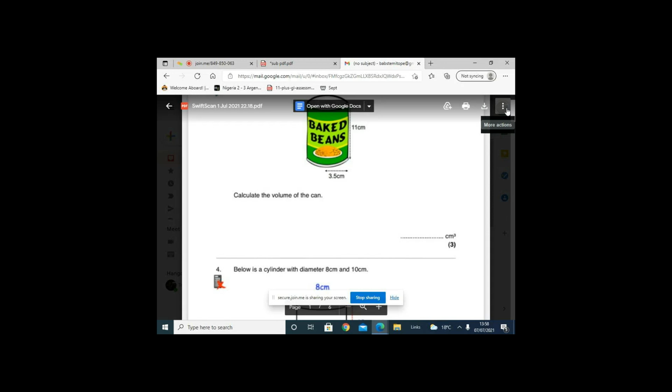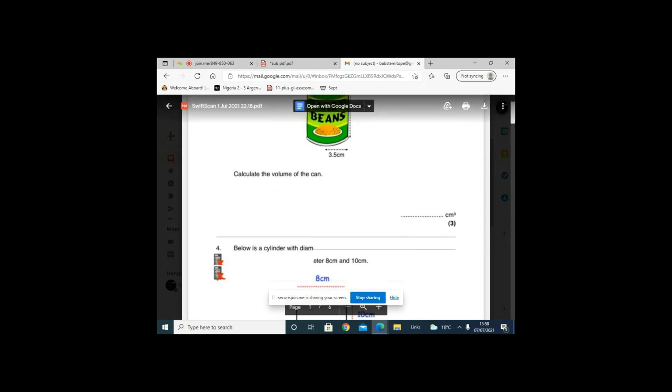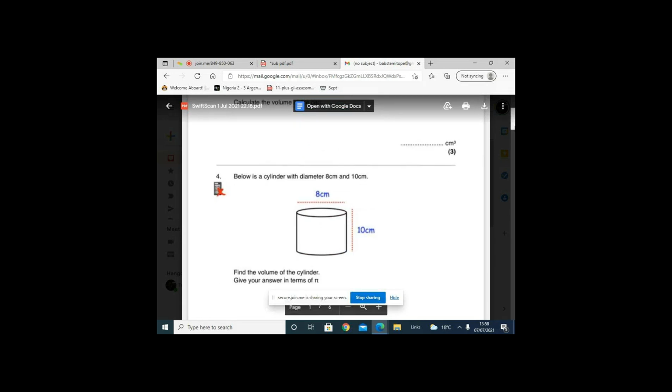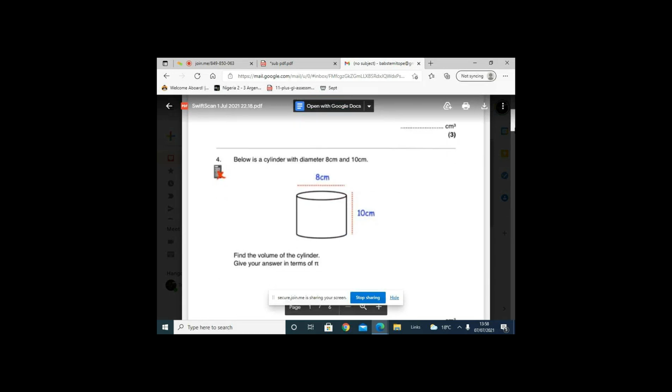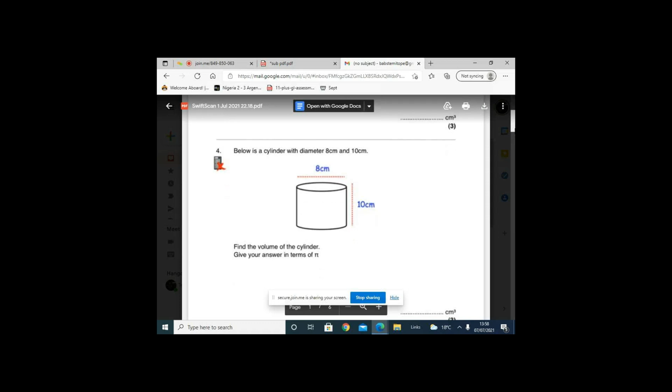So the first one is correct, it just asks to find the volume. So just multiply pi times 3.5 times 3.5 times 11. That one was perfect, was correct. So the second one too is correct, because the volume in terms of pi, yeah, was still correct. I'm really impressed.